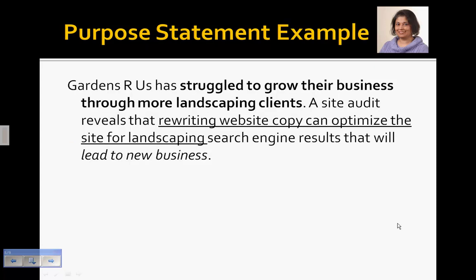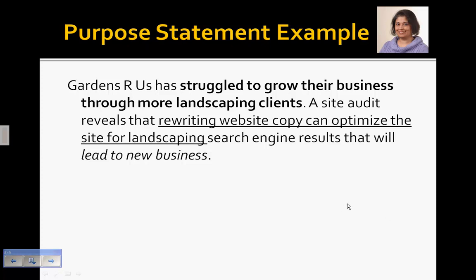Here's an example of a purpose statement. Gardens R Us has struggled to grow their business through more landscaping clients. A site audit reveals that rewriting website copy can optimize the site for landscaping search engine results that will lead to new business. I've identified or emphasized some words here. So Gardens R Us is the organization that I work for in this case, as an example.